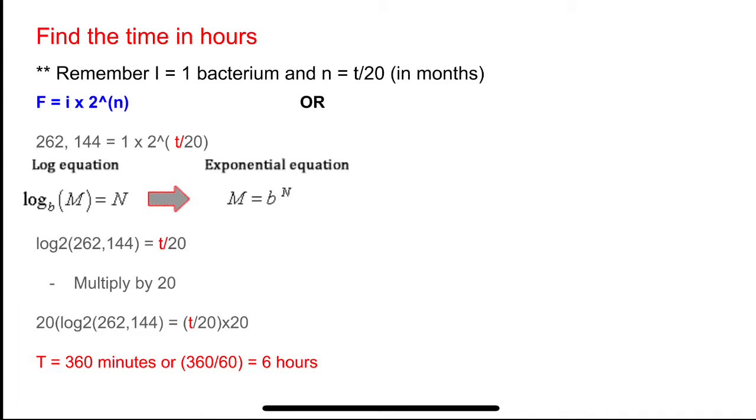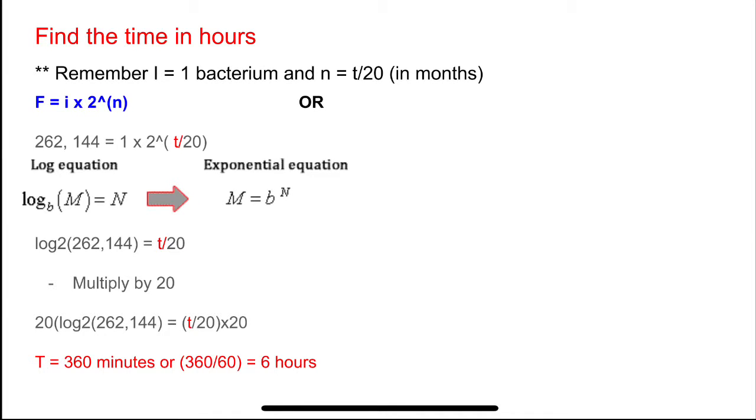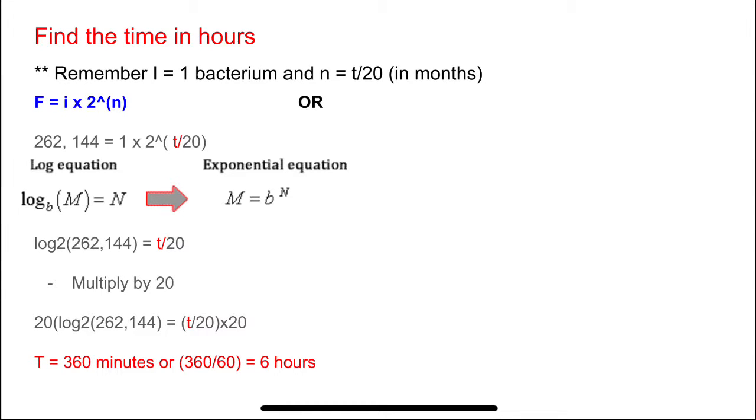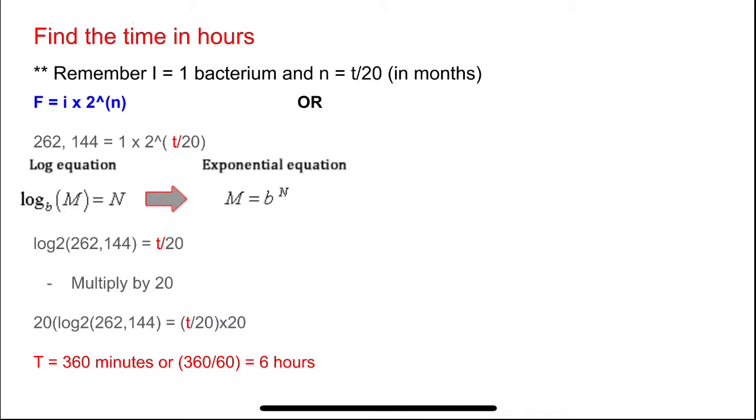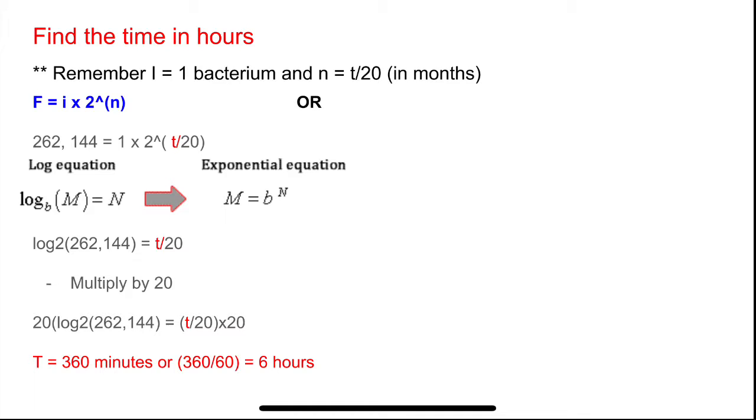We can fill in the 262,144 into the F spot, and you must remember that n actually equals t divided by 20. Once we fill it in, we can see that this equation is in exponential form, but in order to find t, hopefully we remember that we need to find the inverse of the equation and switch it into log form.